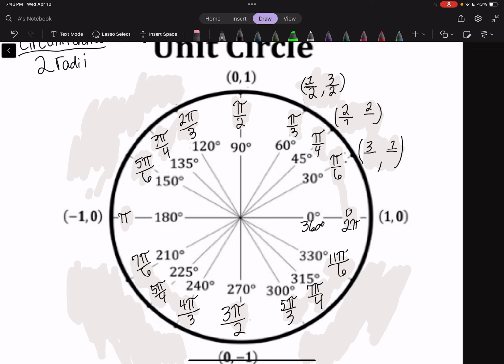So put 2's under everything, and square root the numerator of everything. Alright, there you go. Likewise for the rest of them. 1, 2, 3. 1, 2, 3. Radicals and 2's.